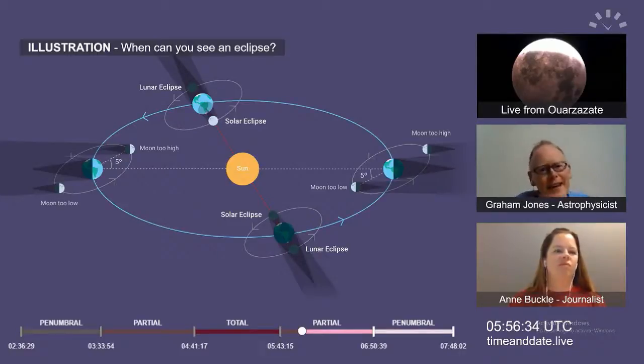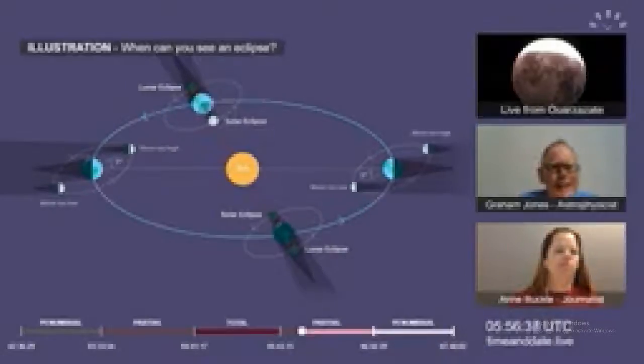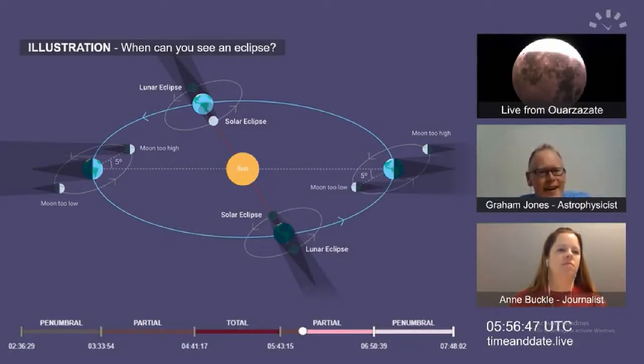On the left-hand side of the picture, we can see a new moon and a full moon. At the very far left of the picture, we can see the full moon to the left of the Earth as we're looking at it. If you were on the nighttime side of the Earth, looking up, you would see a beautiful full moon in the sky.